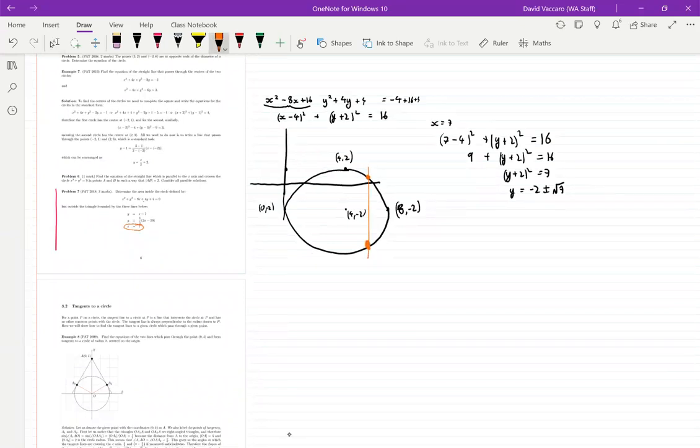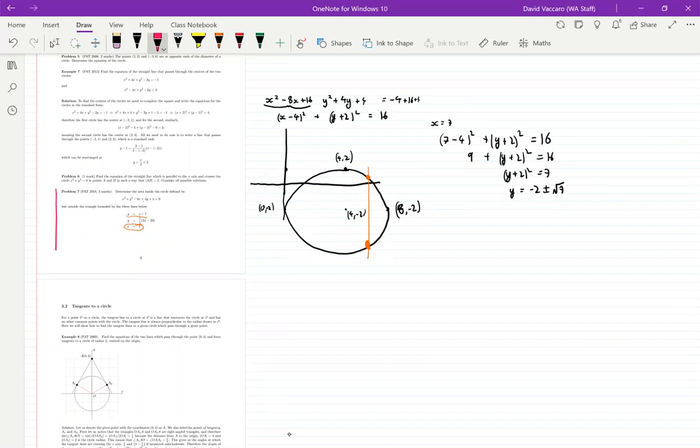Okay, we then need to look at the line y equals x subtract 7 and look at where that meets the circle.